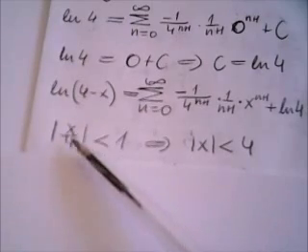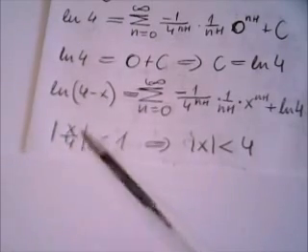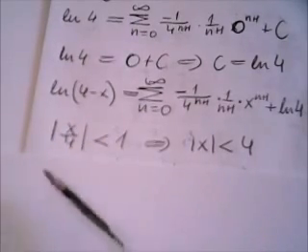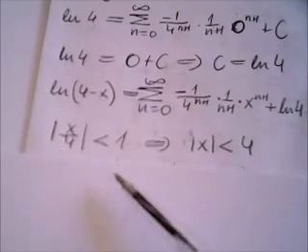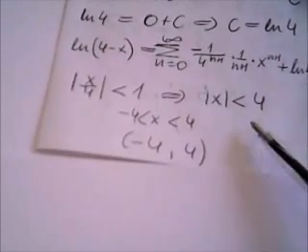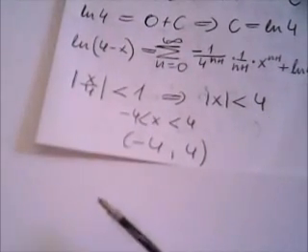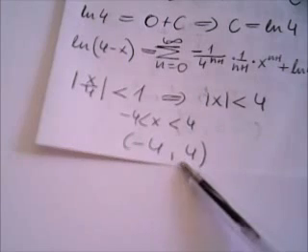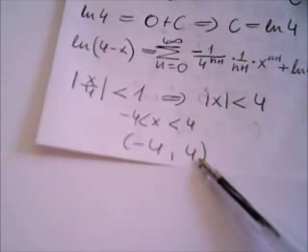Absolute value of x over 4 is less than 1 because we replace t with x over 4. It implies absolute value of x is less than 4. And finally, we have minus 4, 4 as the interval of convergence.